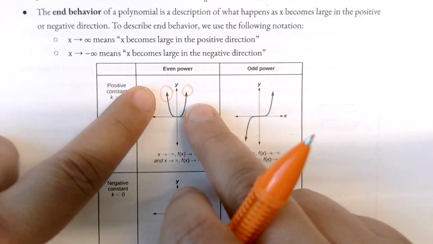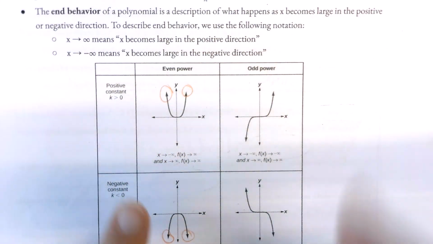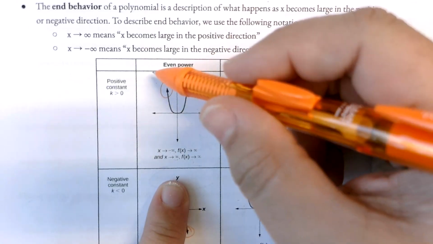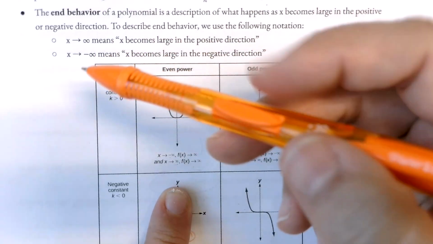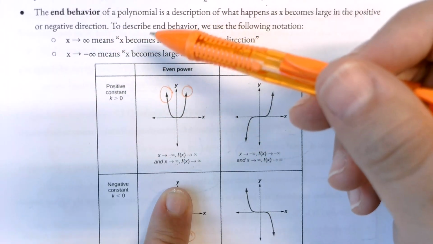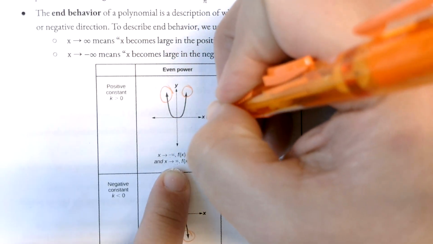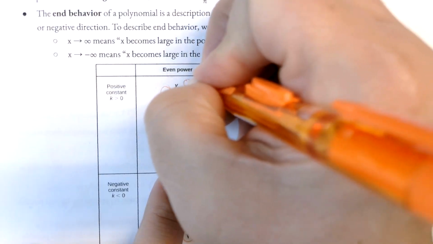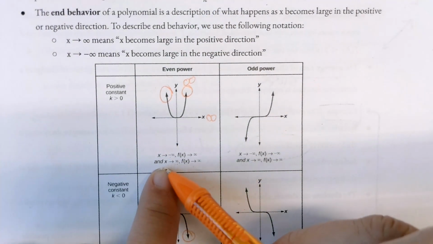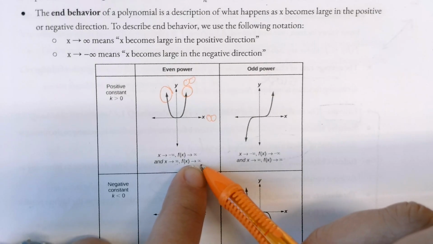If you have a positive function, both of your arrows point to positive infinity. So we say the left hand and right hand behavior, or the end behavior of our polynomial. So as the x's are going to positive infinity, my graph is pointing up, which means it's going to positive infinity. So we say as x approaches infinity, the graph, f of x, approaches infinity.